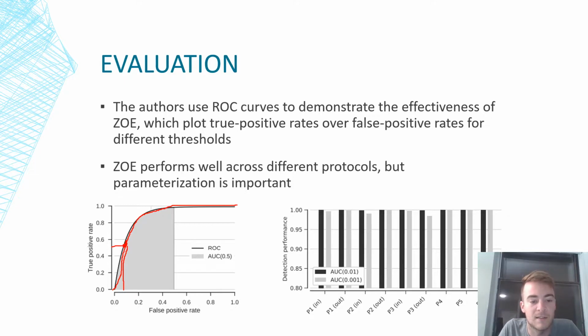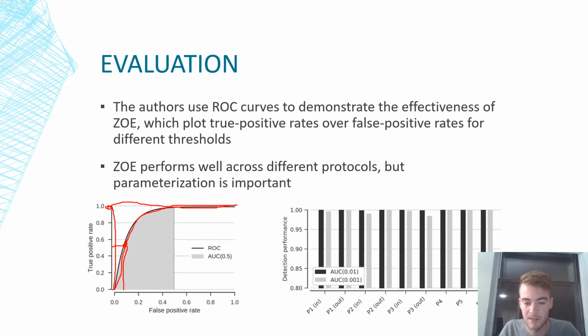So if we had an ROC curve that went straight up and then straight over, that would be a detector in which as you raise the threshold, you get more and more true positives without getting any false positives at all. And then you hit a certain point, being this corner, where the true positive rate is 100%.